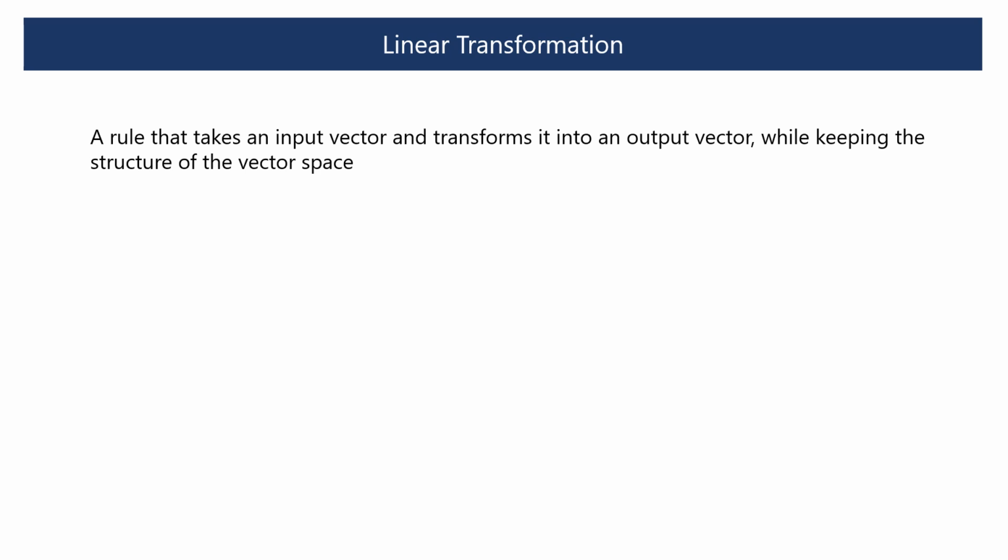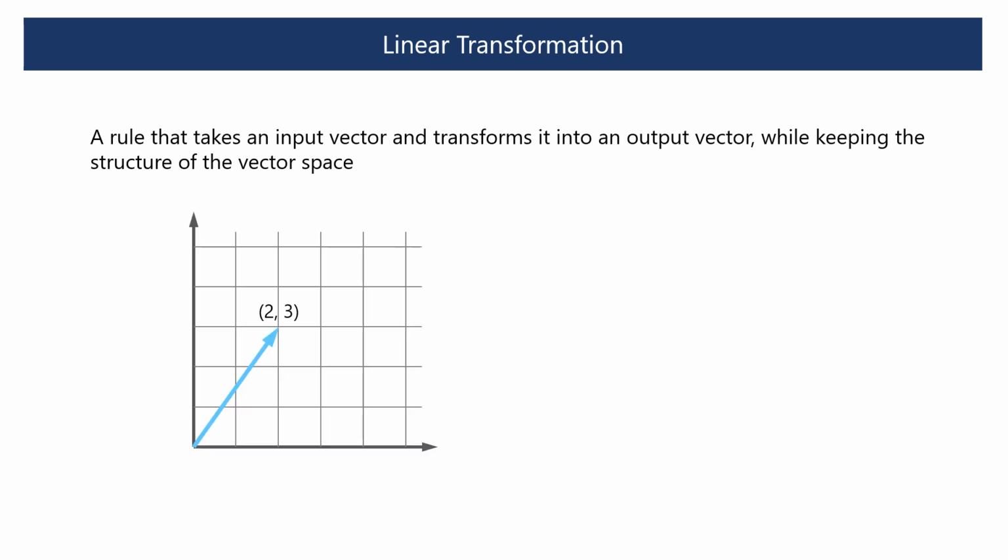Finally, let's talk about linear transformations. A linear transformation is a rule that takes one vector as input and produces another vector as output, while preserving the structure of the vector space. In other words, it's a way to transform one vector into another while keeping specific properties intact.